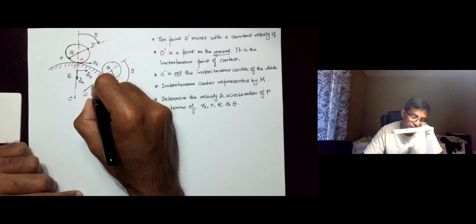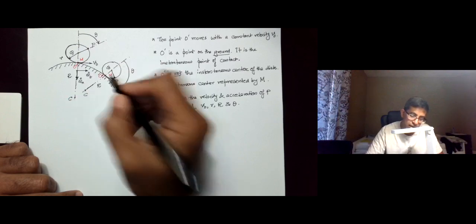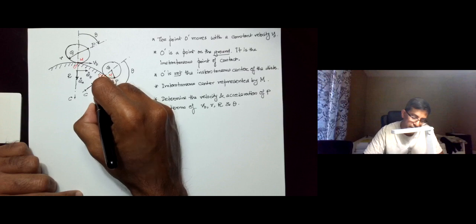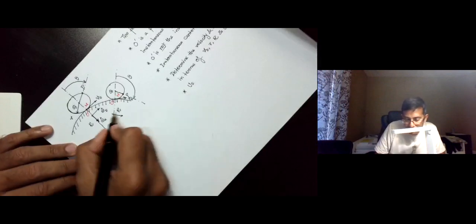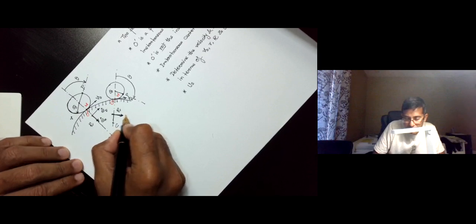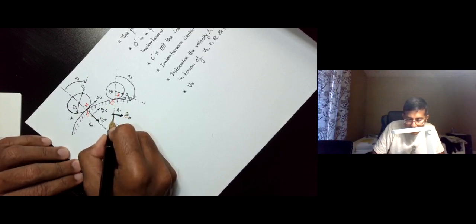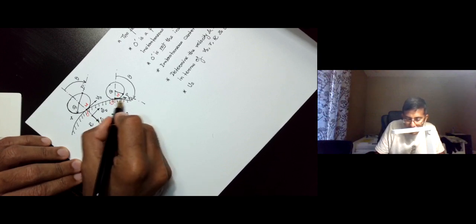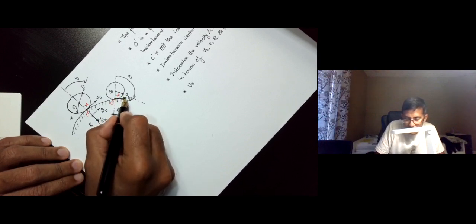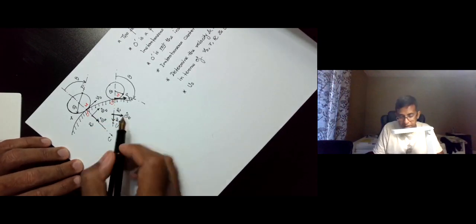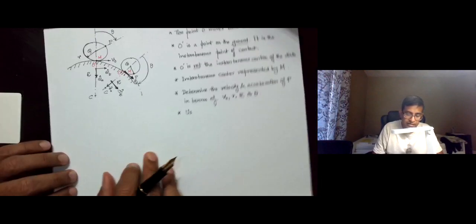So as the disk rolls without slipping, this is ET and this is EN, and the velocity V0 is parallel to ET at any instant.